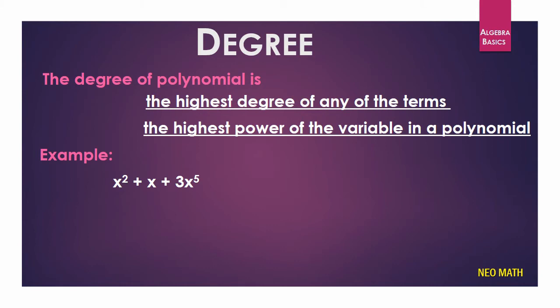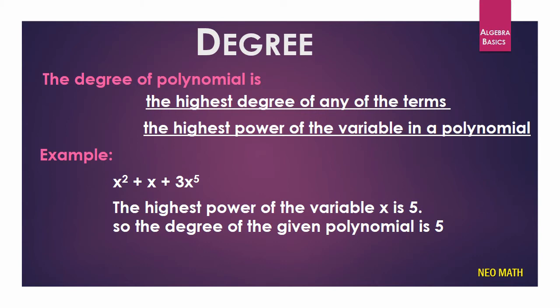The power of x in the first term is 2, in the second term is 1, and in the third term is 5. So the highest power of the variable x in this polynomial is 5, and so the degree of the given polynomial is 5. So we have to look for the highest power of the variable in the given polynomial.